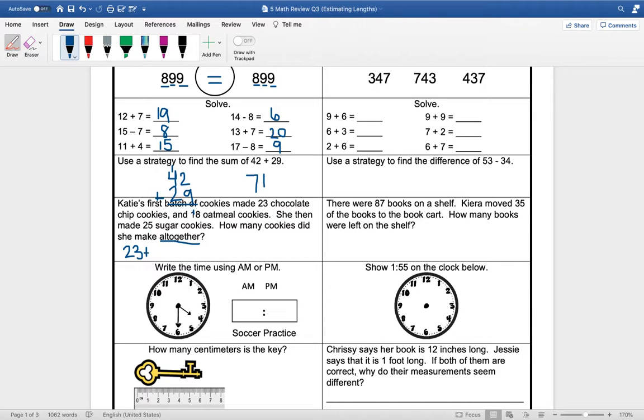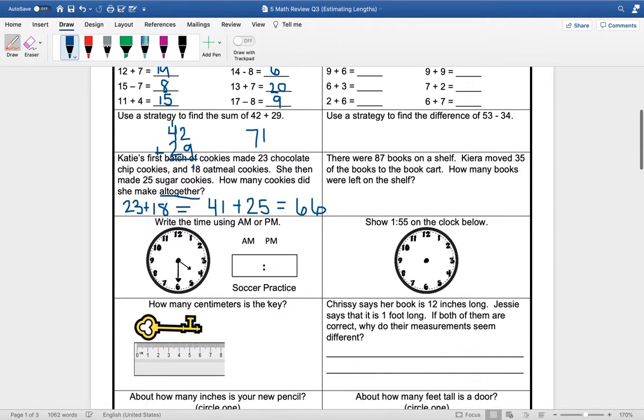Plus, she made 18 oatmeal. So let's add these together. This is 41 plus 25 sugar cookies. So she has made 66 cookies all together.